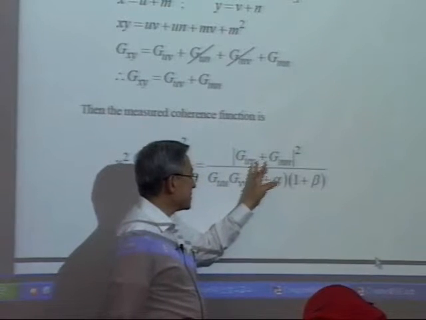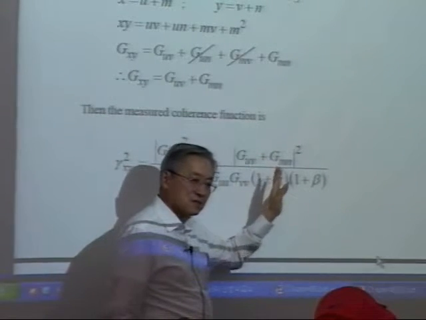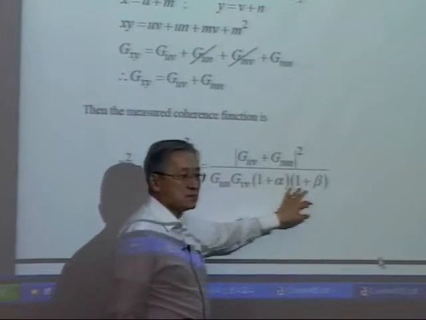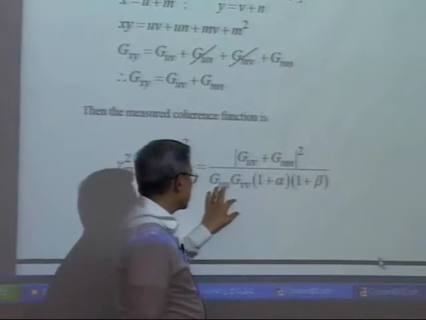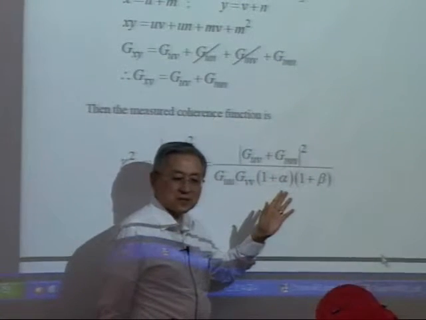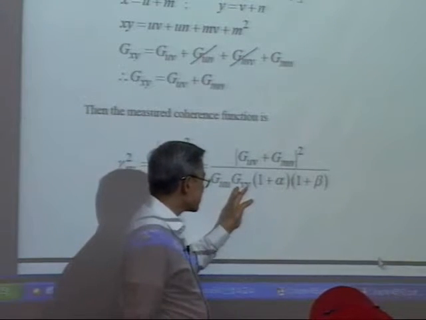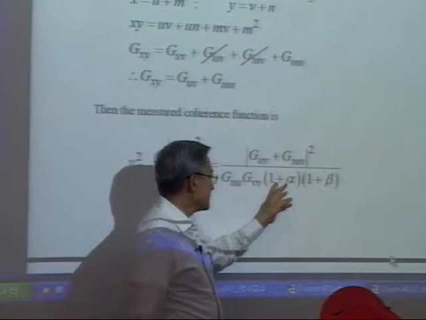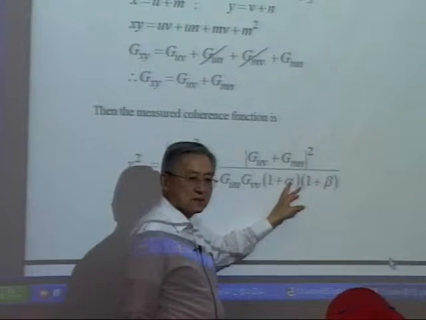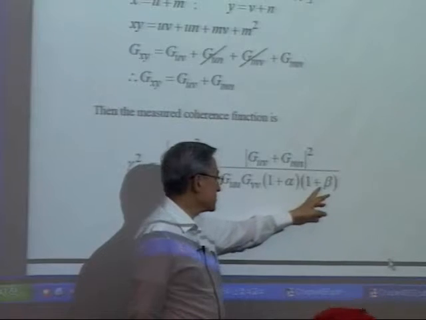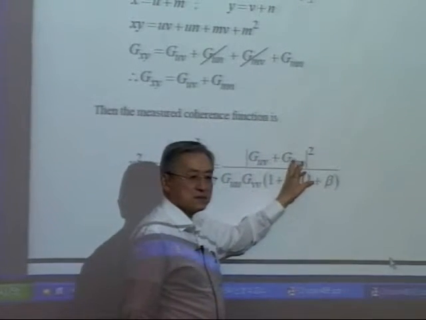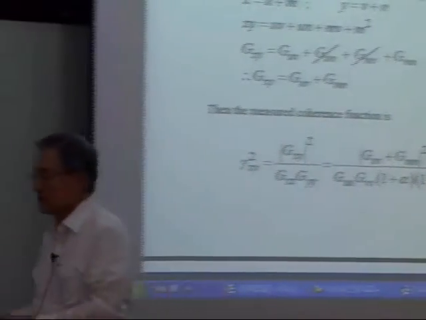As you look at this case, it is slightly different, so we'll talk about this. And the bottom here is all clear. GUU, GVV, all auto spectra are all real. So 1 plus lambda, this is input noise to signal ratio, output noise to signal ratio, is all clear. So how to handle that situation?